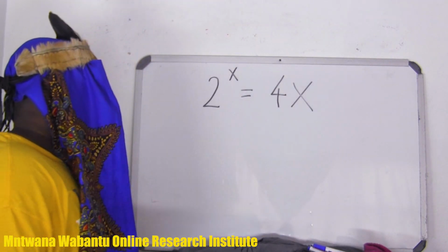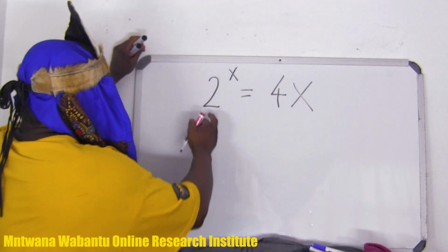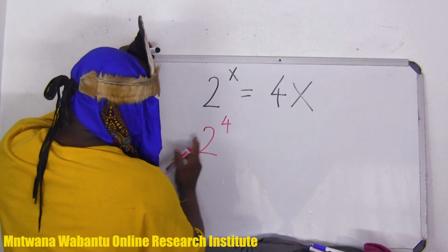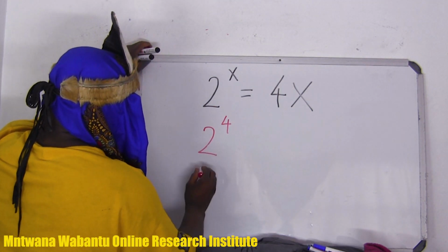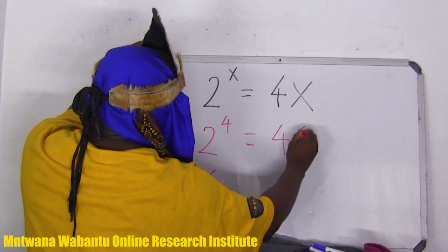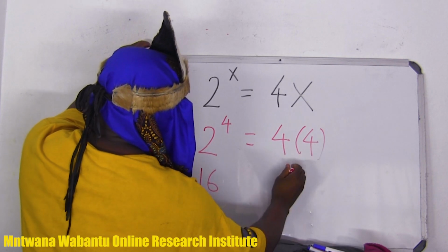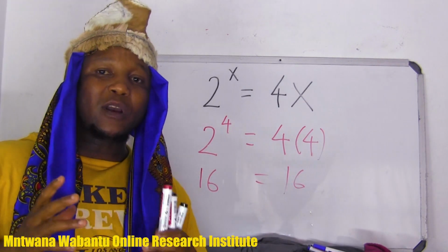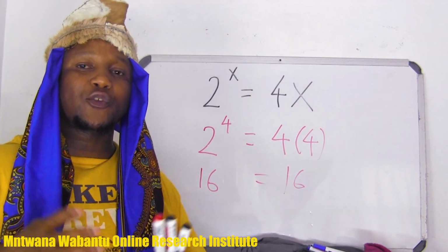Let's test to see if it's true. The value of x you say equals 4, right? On the left hand side, what is 2 power 4? It equals 16. Now the right hand side: 4 times the value of x, where x equals 4, so 4 times 4 equals 16. So 16 equals 16. So what are your thoughts on this?